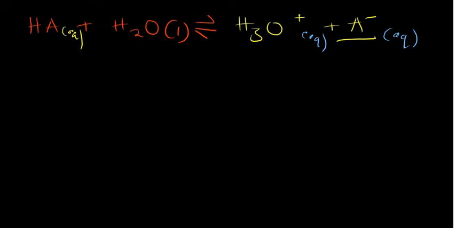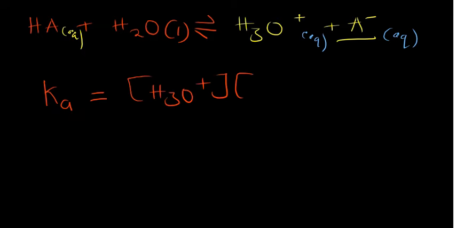So if I was to ask you to write the K expression of an acid, remember we started with the K expression for water, which is Kw, called the ion product constant. Now for an acid, we call it the Ka, denoting the K of an acid. Our products in this case are H3O plus.